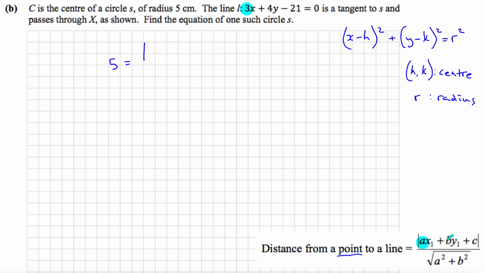Our b value here is the coefficient of the y. And our c value is the constant here at the end. So we know a, b, and c for the line, because this is the line L. And again, those a and b values, b appears there again, and also a appears there. So we have an a and b, and so our x and y is the minus g, minus f. So what we have now in the formula is the modulus of a, which is 3.